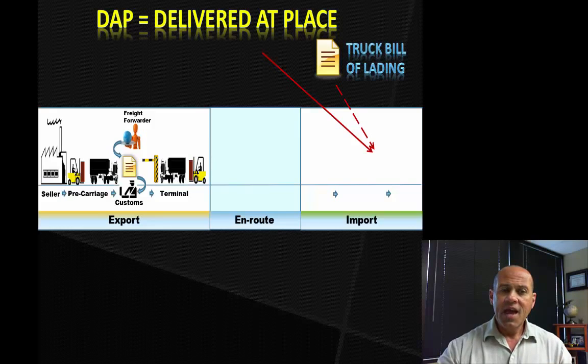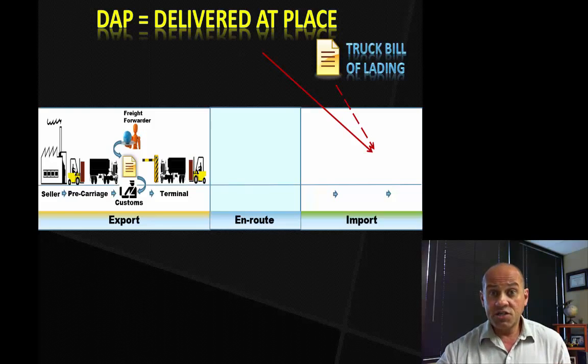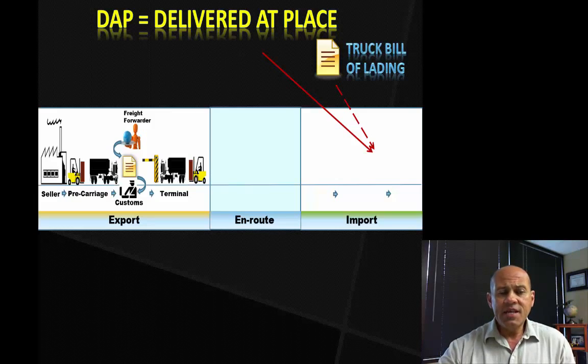In CIF, we're going to describe the delivery point of destination, where the goods are traveling to. And in DAP, we're going to describe where the goods are ultimately being delivered to at the buyer's location.